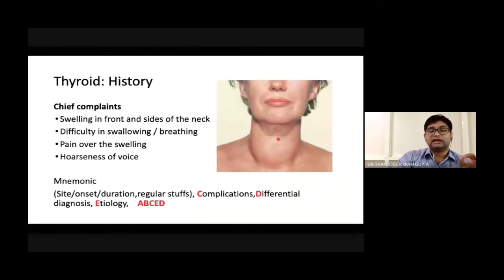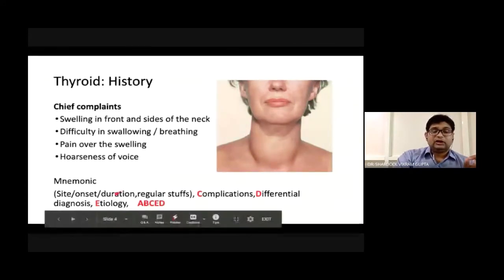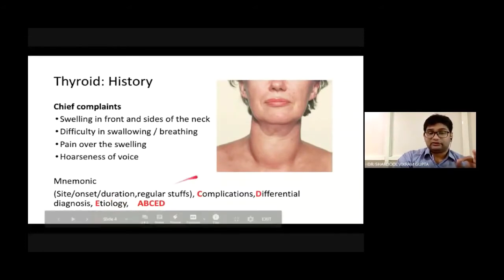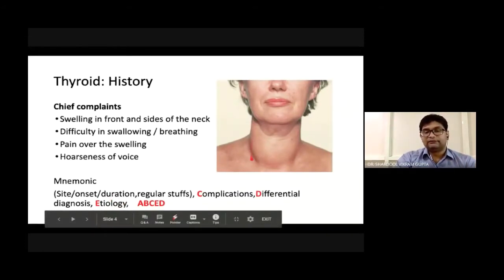But in a case where you have some differential diagnosis, then you ask history pertaining to the differential diagnosis of your present diagnosis, and etiology of your principal diagnosis. So for swelling or lump in front of the neck, your principal diagnosis will be a thyroid lump.